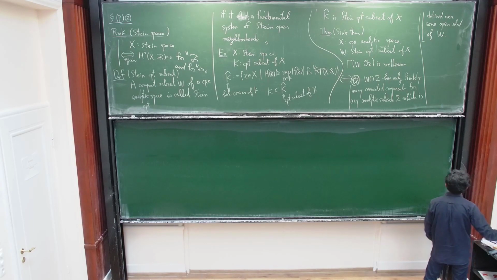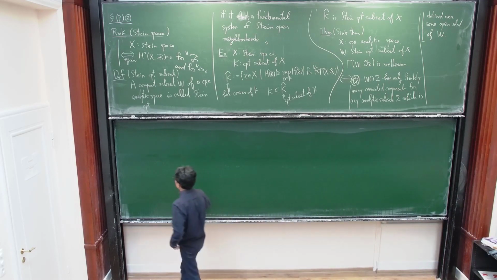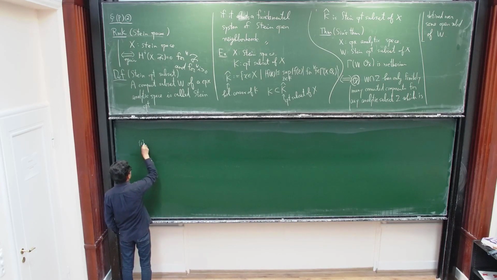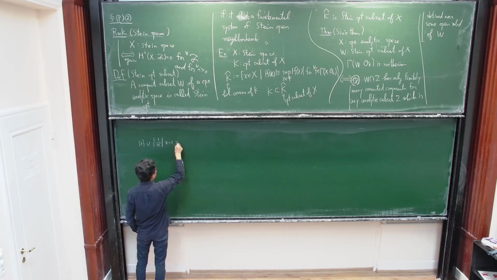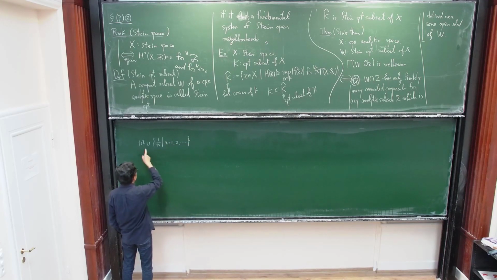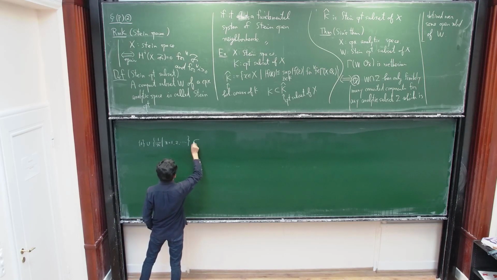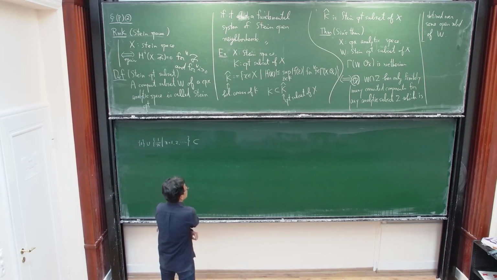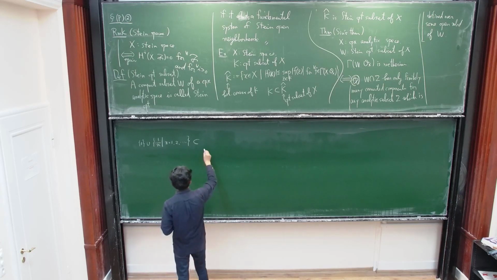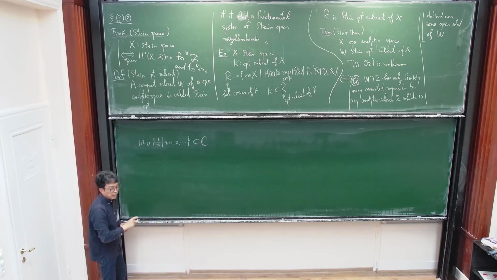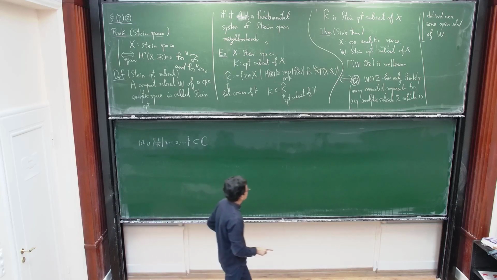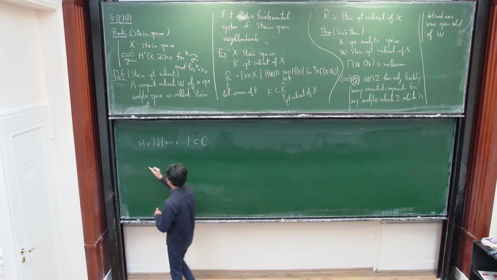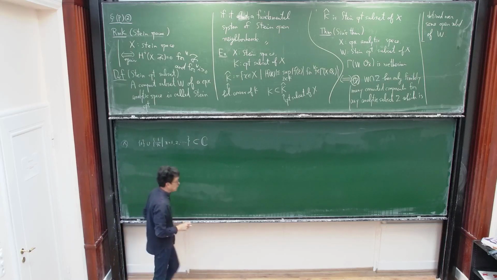Yeah, the simplest example is, for example, any offset is Stein, and this is a compact subset. So yeah, this is a bad example.